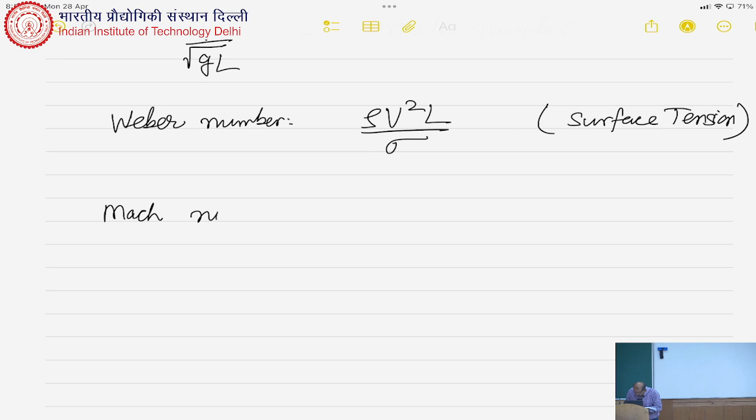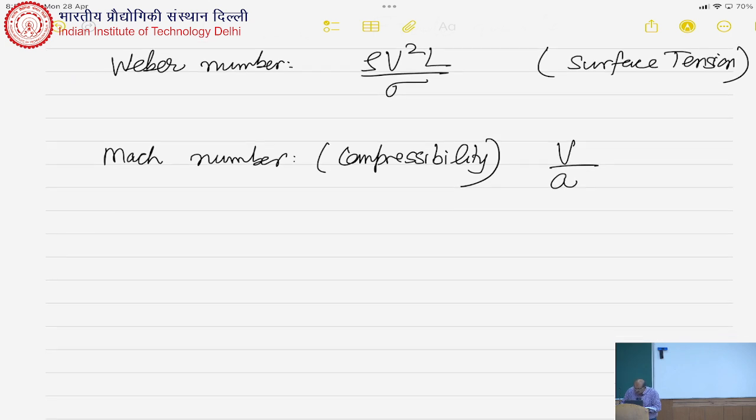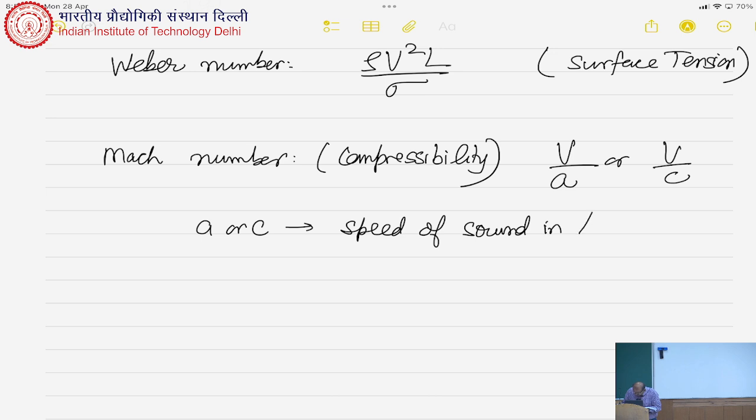And finally, we have Mach number, which comes when compressibility effects are important, and this is given by V by A or V by C, and A or C is the speed of sound in that medium.